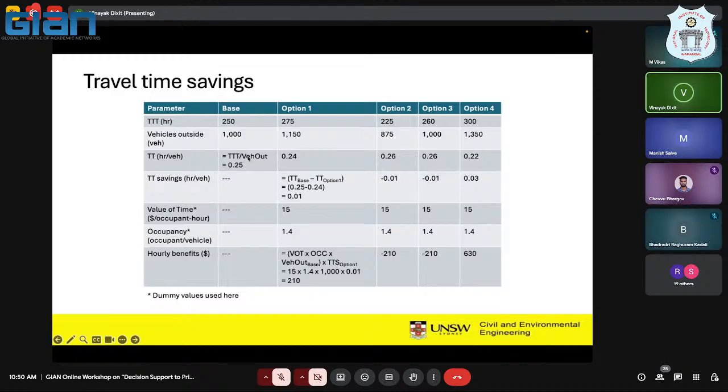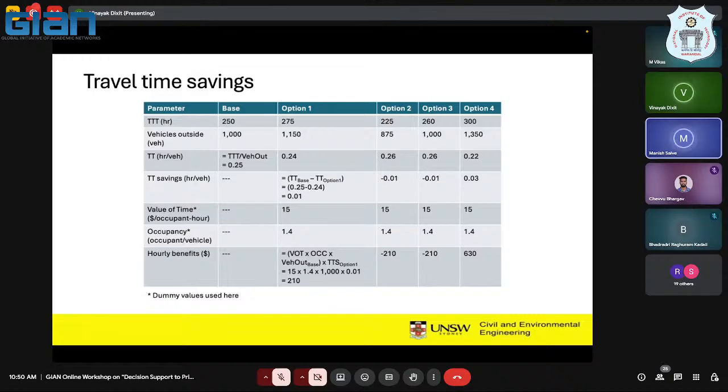So the first thing is, when we are looking at benefits, the base case is basically a do-nothing scenario. If you did nothing 10 years from now, what would be the number of vehicles? What would be the total travel time? That is how you would compare option 1, option 2, option 3, option 4 for 2030.